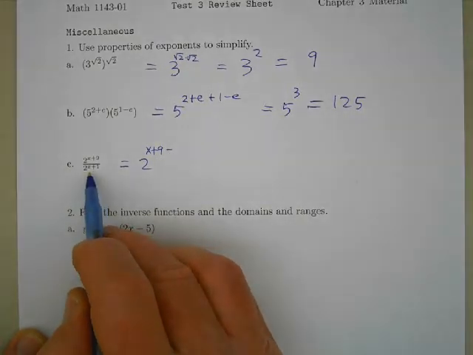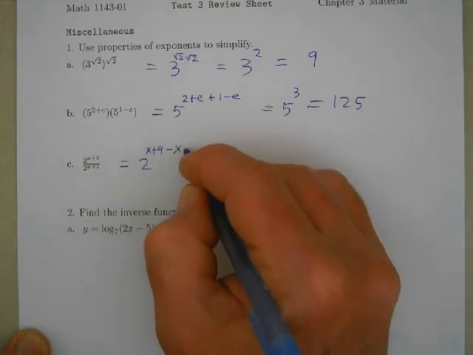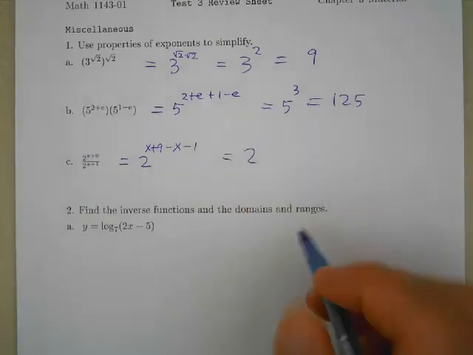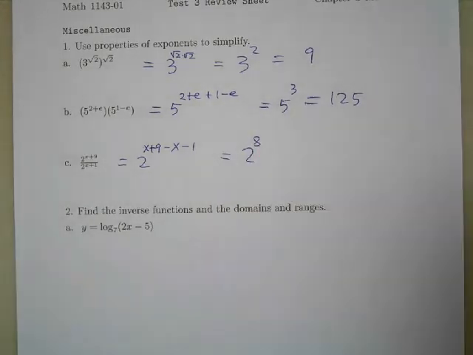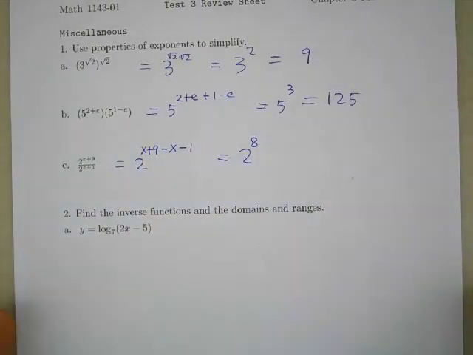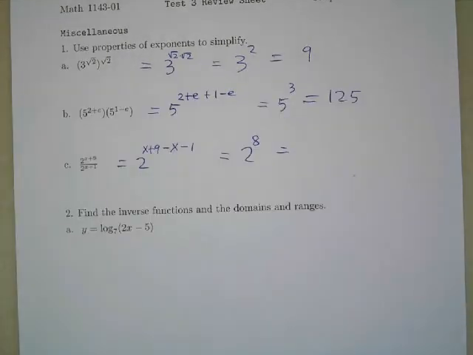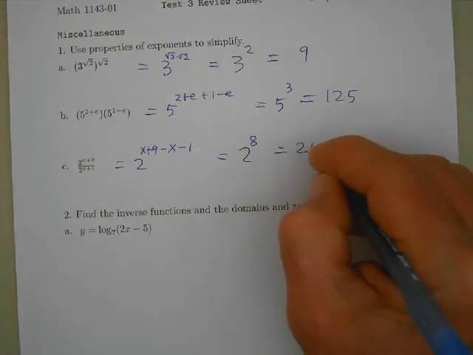So if we subtract the entire binomial x plus 1, it's minus x minus 1. And then we get 2 to the 8th. Let's see, well, what's 2 to the 8th? I know that 2 to the 6th is 64, 2 to the 7th is 128, and so 2 to the 8th is 256.